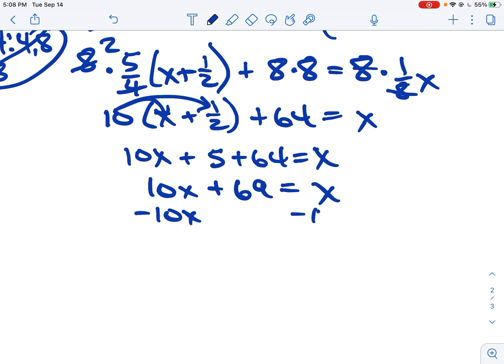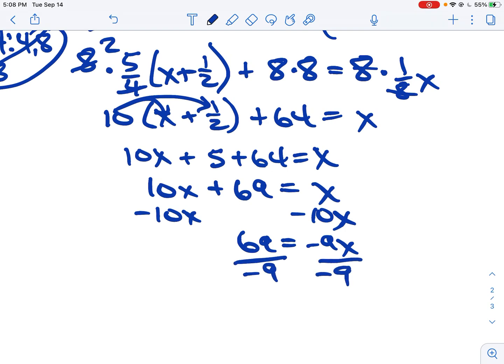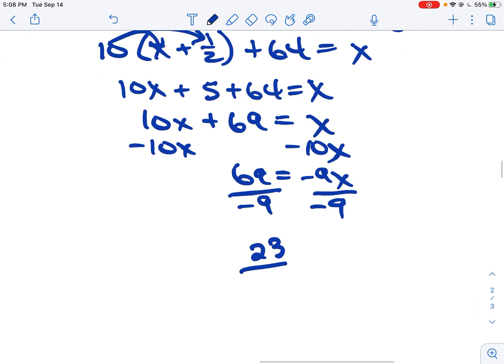I subtract the 10x from both sides. 69 equals negative 9x. Divide by negative 9. 3 goes into that 23 times. 3 goes into this 3 times. So that is your answer.